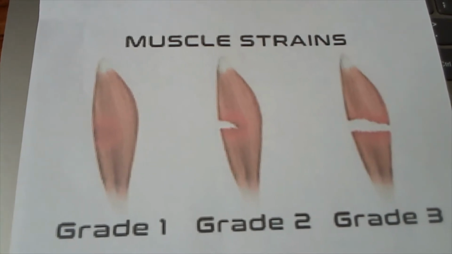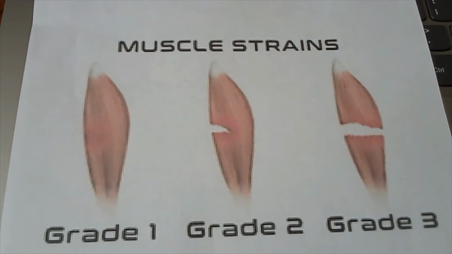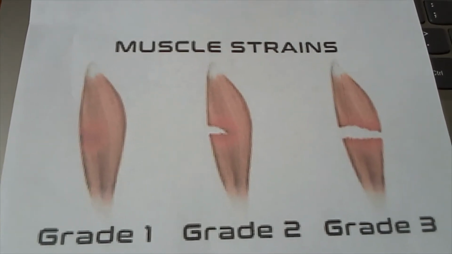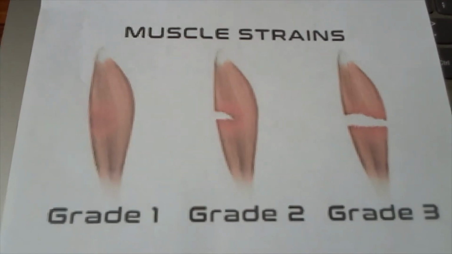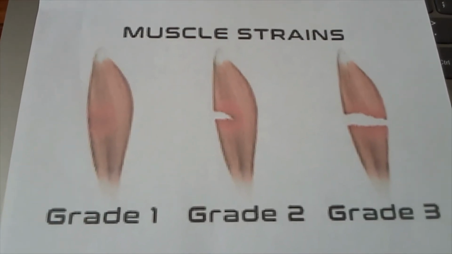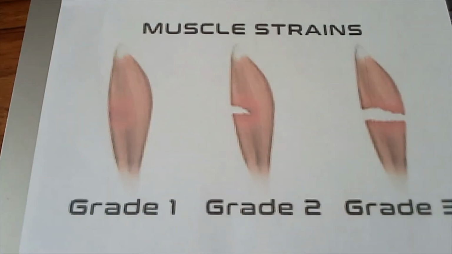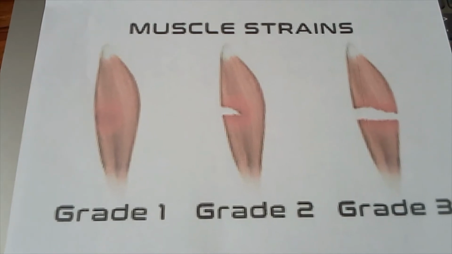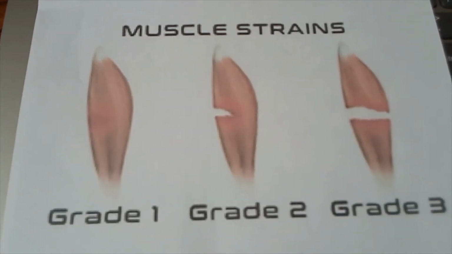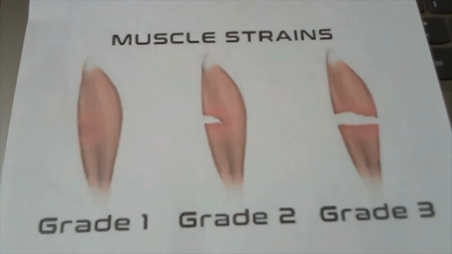Now, common calf injuries will always include muscle strains, and there are 3 grades of muscle strain. So we've got grade 1 here, which is basically where the calf muscle is stretched past its normal length and limitations, which results in some muscle fibres being torn.